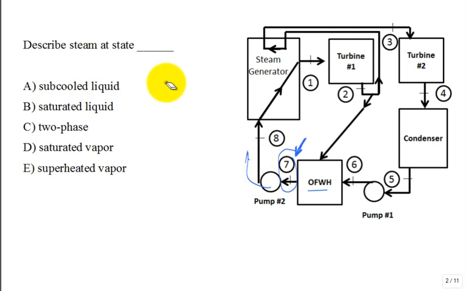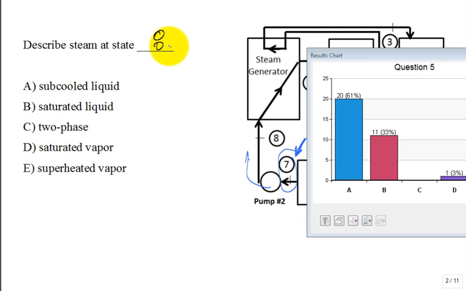Now, one more we'll play with. Condition at state 8. So after the pump, right before the steam generator, what is the description of the fluid, the steam, at state 8? And show the results. Okay, 8.